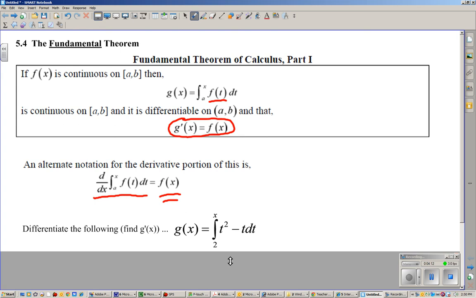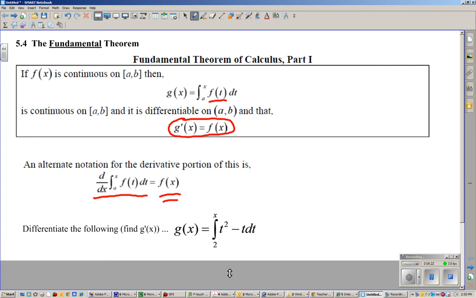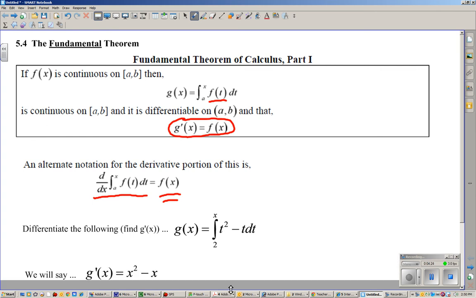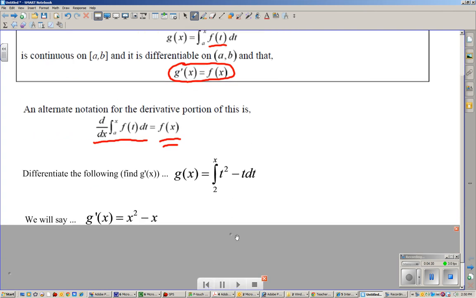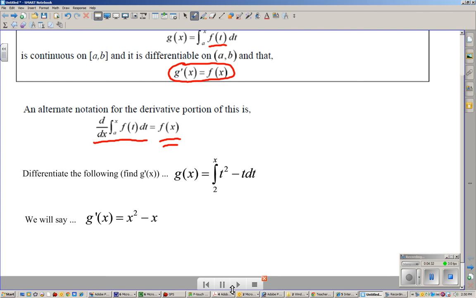Well, the derivative, by way of the definition, requires of us no work. All we have to do is take the integrand, put x in, and we're done. In other words, g prime of x, the derivative of this function g, is simply x squared minus x.